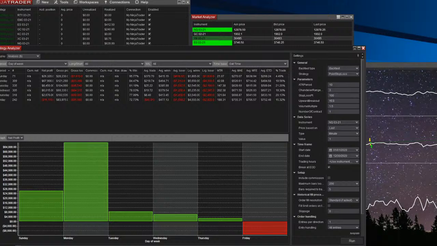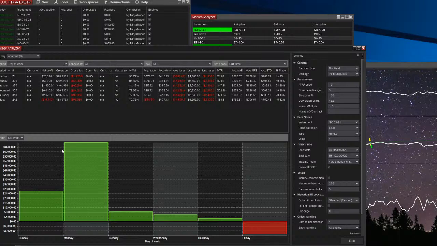Oh, look at the difference between ES and NQ. Can we talk about this? This is beautiful. I love myself some NQ, and if you don't, you are missing out. Fridays are not a good day to trade. No, sir. Look at Monday. Monday is the greenest day so far. We've gone through three products, and every Monday has been super green.